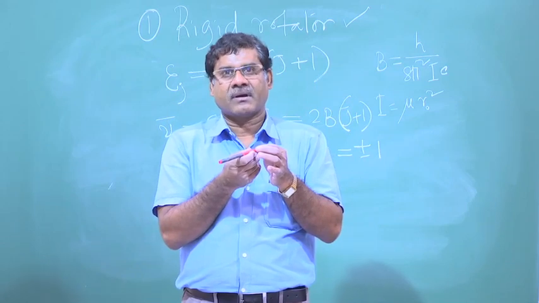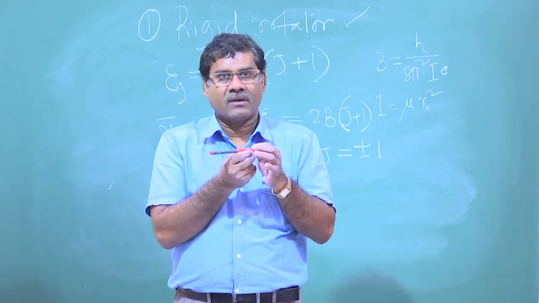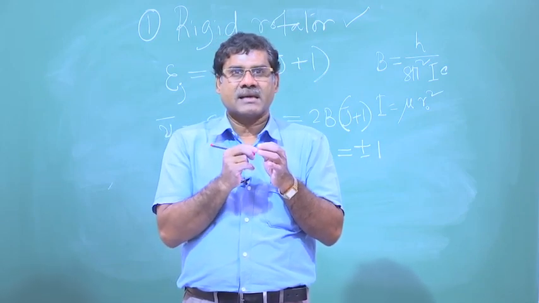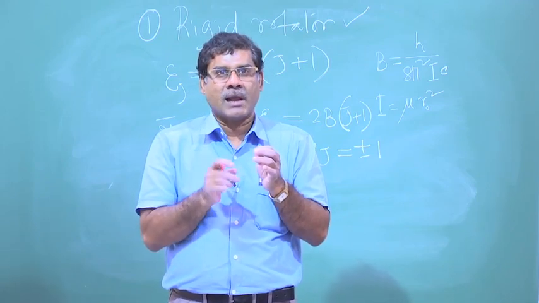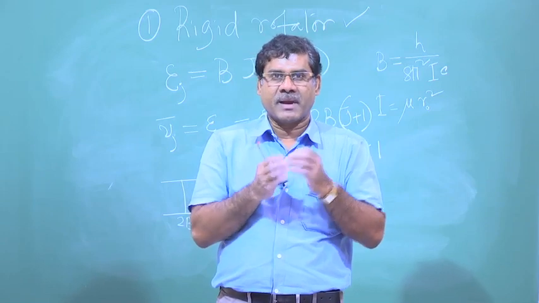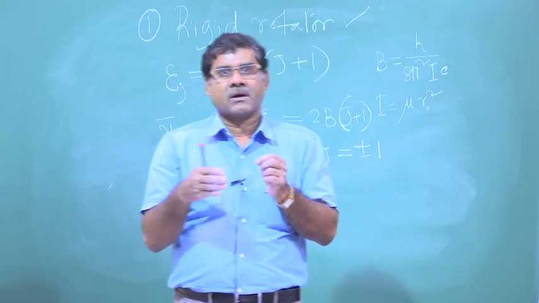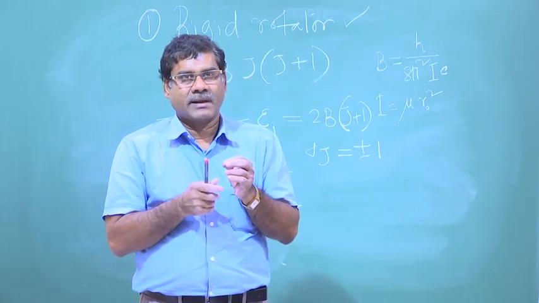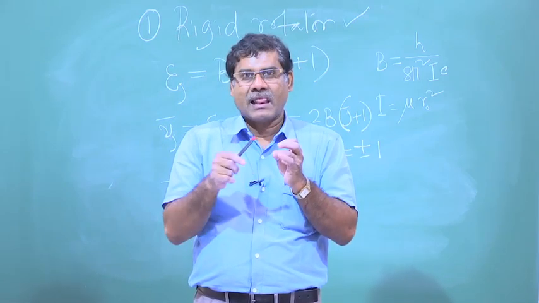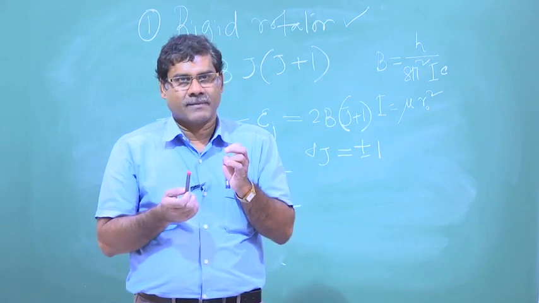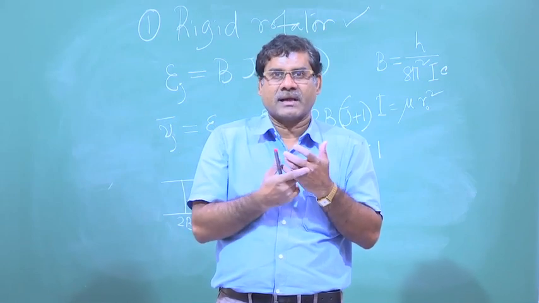The allowed values are from minus ml to plus ml, so the total number is 2L plus 1. If the energy depends on n and L but does not depend on ml, then we say this has 2L plus 1 times degeneracy. That means 2L plus 1 states have the same energy. That is the degeneracy.